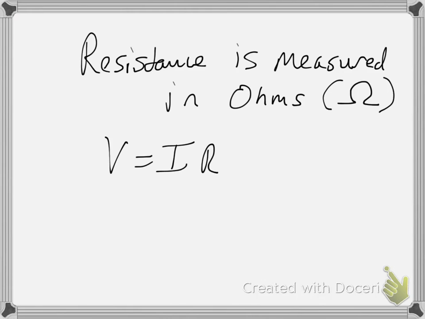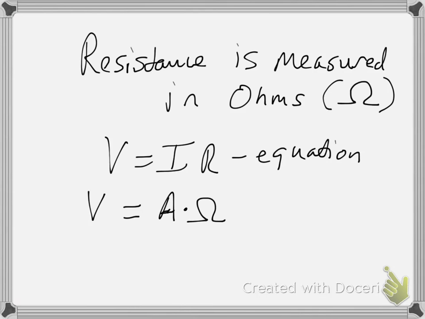So units wise, that means that the volt is equal to amps times ohms. All right. So this is the equation. These are the units. So the volt is equal to amps times ohms. And the amp would then be volts over ohms, and ohms would be volts over amps.